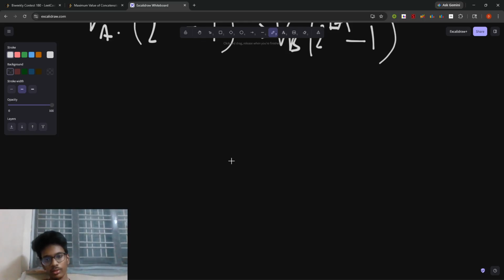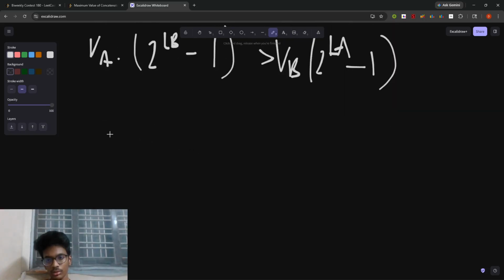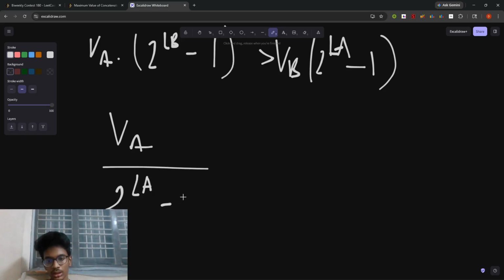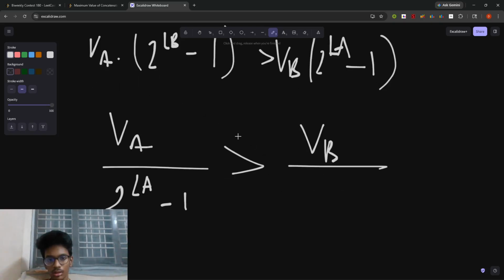So if I derive a fraction out of this, now this is reminding me of my JEE days. I'm bad at maths, actually worst at math. So VA by 2 power LA minus 1 and VB by 2 power LB minus 1.